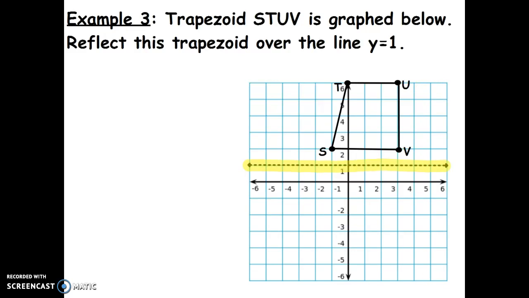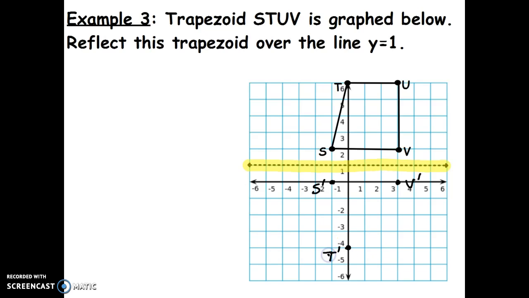All right, now let's go back to what we're being asked to do, which is to reflect over the line y = 1. I see that S is 1 space away, so S prime is going to be here. V is 1 space away, so V prime is going to be here. T is 1, 2, 3, 4, 5 spaces away.